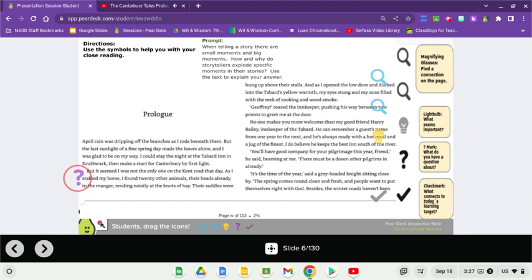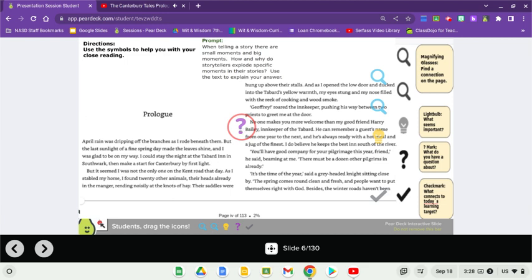As I stabled my horse, I found 20 other animals, their heads already in the manger, rending noisily at the knots of hay. Their saddles were hung up above their stalls, and as I opened the low door and ducked into the Tabard's yellow warmth, my eyes stung and my nose filled with the reek of cooking and wood smoke. "Geoffrey!" roared the innkeeper, pushing his way between two priests to greet me at the door. No one makes you more welcome than my good friend Harry Bailey.